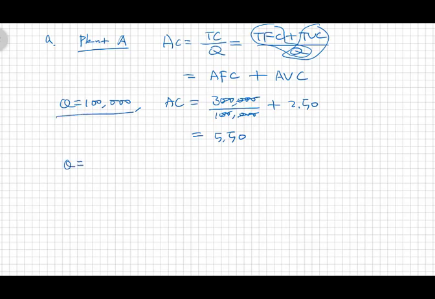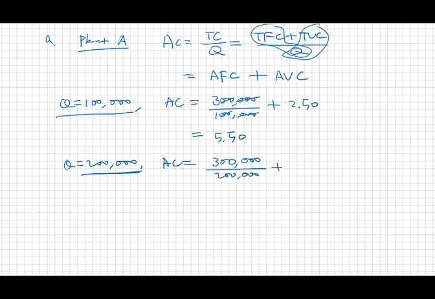You can do the same thing for the 200,000 output level average cost. Again, this is below or equal to annual capacity for plant A. So fixed cost for one plant A stays at 300,000, and you want to average it over 200,000 units.